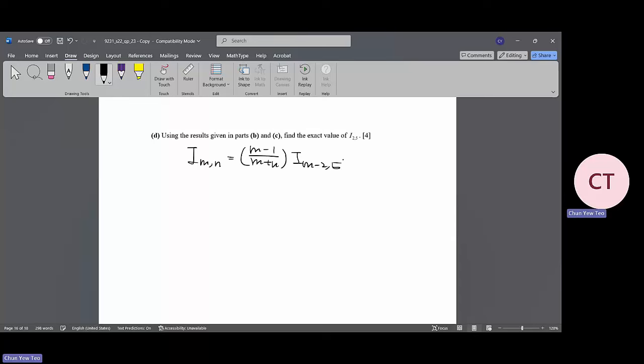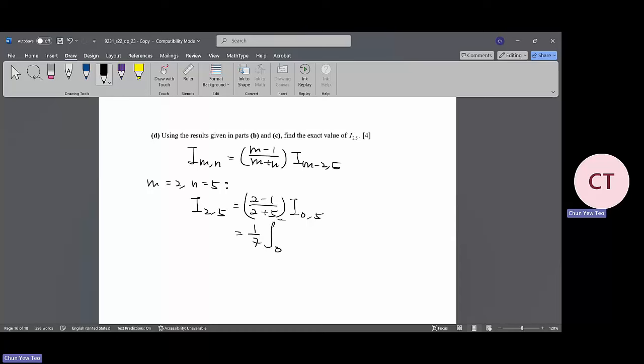So m is 2, n is 5, so you will get I_2,5 equals 2 minus 1 over 2 plus 5, so it will be 1 over 7.